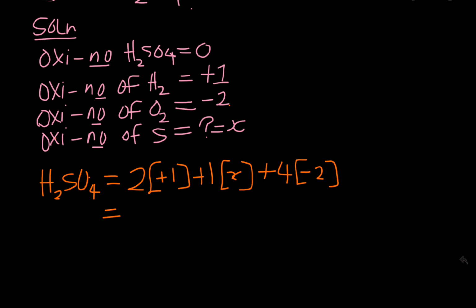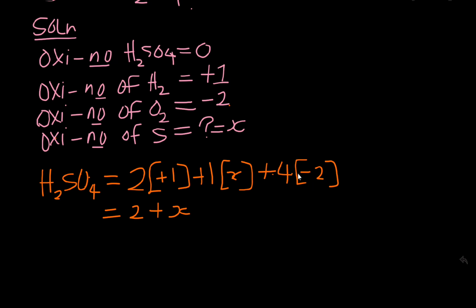So we'll open our bracket, and we'll say 2 times plus 1, you get 2, plus 1 times X is X, and next plus 4 times minus 2.